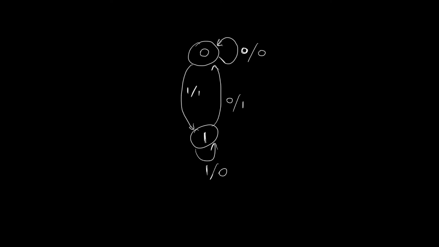The previous input was a 1, the current input's a 0, so we flag a transition there. And at the next rising edge of the clock, we move to this state up here to denote that my current input, which becomes the previous input at the next rising edge of the clock, this denotes my previous input is a 0. And here we have the state diagram for an edge detector using a Mealy design.